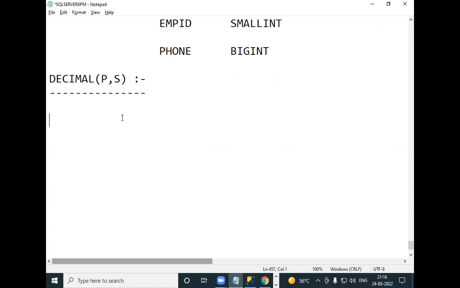Decimal p comma s allows numbers with a decimal part.